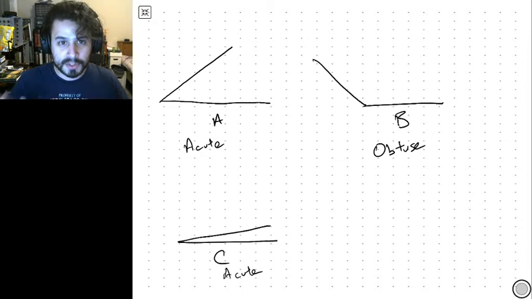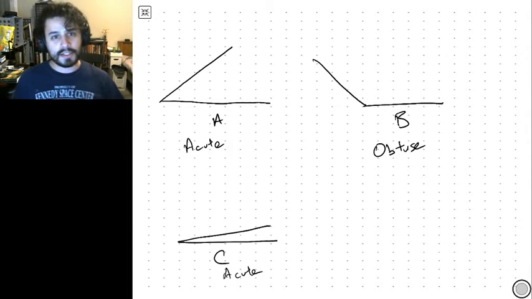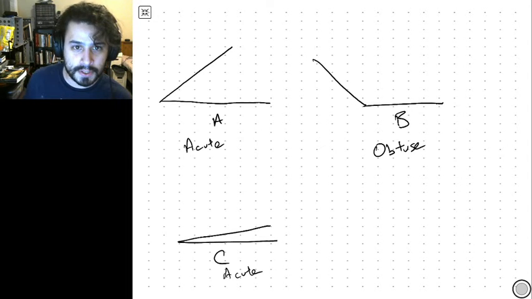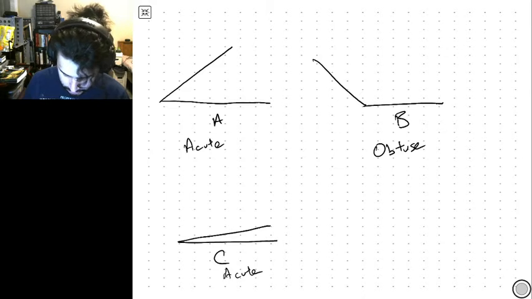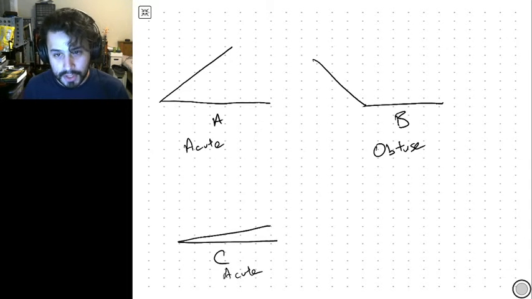Well, you could say one of them looks like it's closer to closing up, and the other one's not so close. But in this case, we want to numerically describe these angles, and so we're going to assign a number to them. It stands to reason that the smaller the number, the closer it is to closing, the smaller the number it should have.